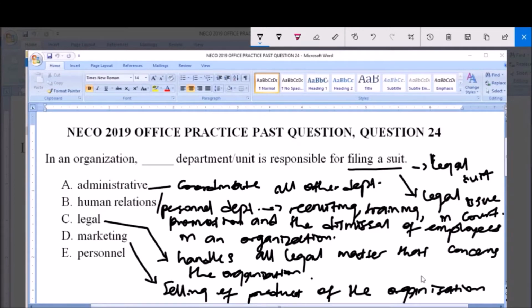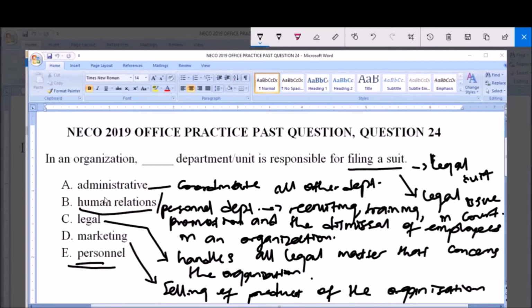They sell the products or services to consumers and prepare quotations or estimates for consumers. Now, E says personnel department. Like I told you, personnel department is the same as human relations department, and they are responsible for the training, recruiting, promotions, and dismissal of employees.